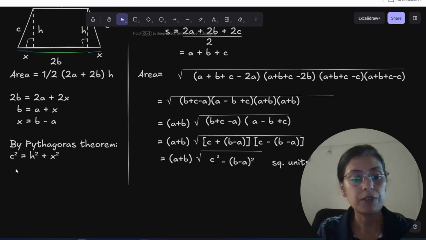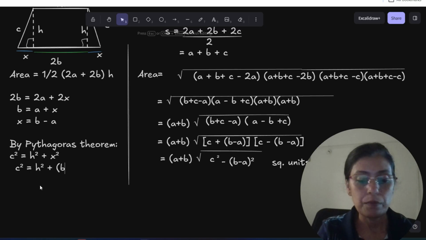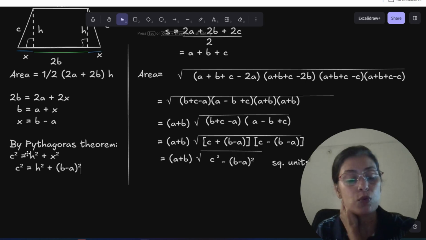So this will be c square is equal to h square plus b minus a whole square, because we have found here that x is equal to b minus a.